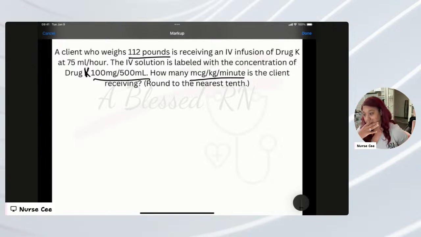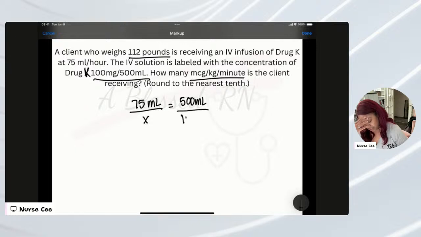Okay. So, all right. So with ratio and proportion, ooh, Lord have mercy. You're going to have to see, let's see, if you have your 75 mLs an hour, we are going to be looking for how many micrograms that is. Well, you're going to have to find how many milligrams first because it's available in milligrams.